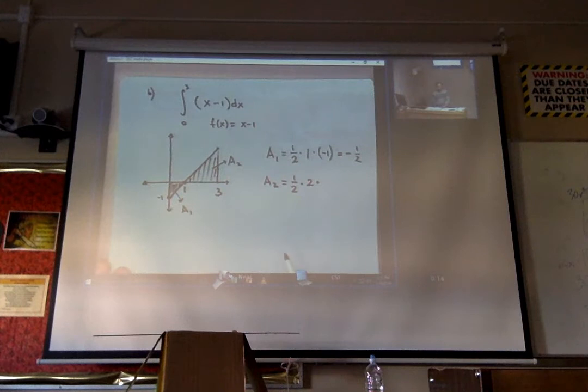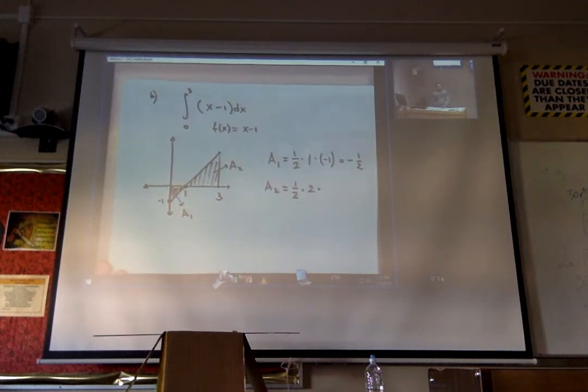Okay, so base is 2, what's the height? 2. How do we know? By graphing. Okay, you can say that too, or what? You take 3 and substitute into your function, right? To get the y value over here. 2. So we calculate this. We'll have 2.